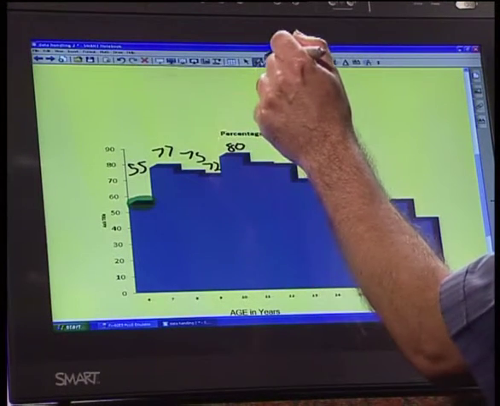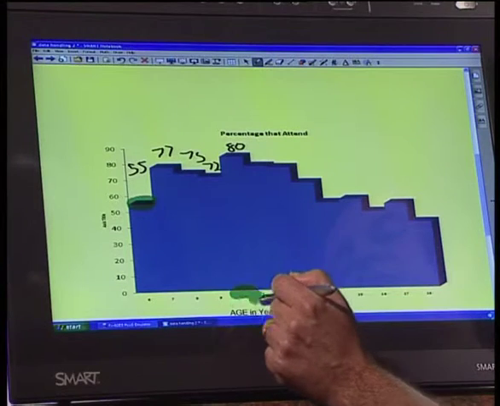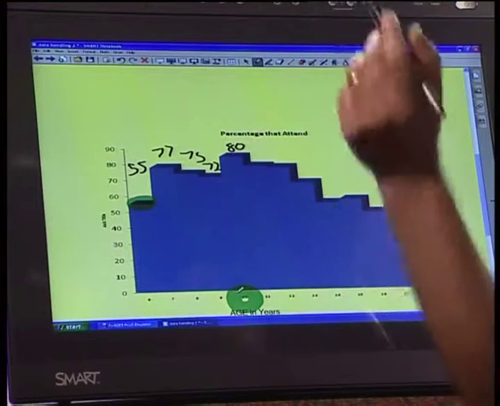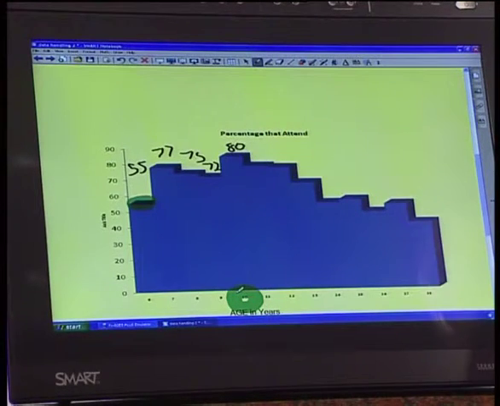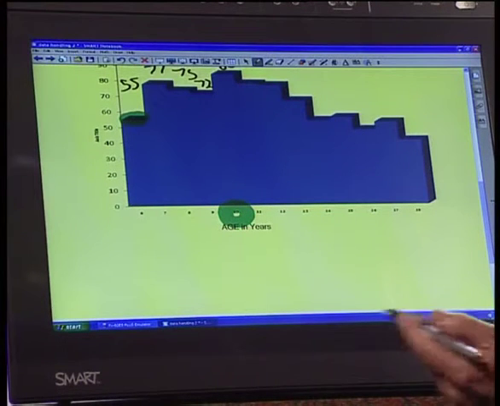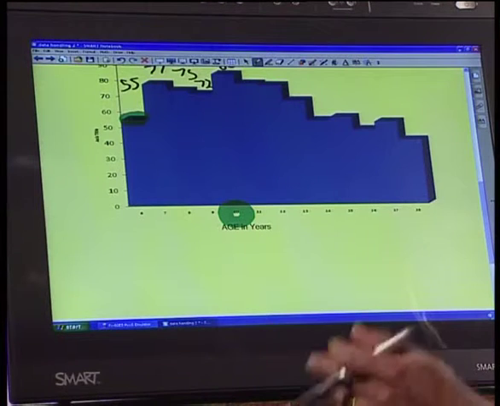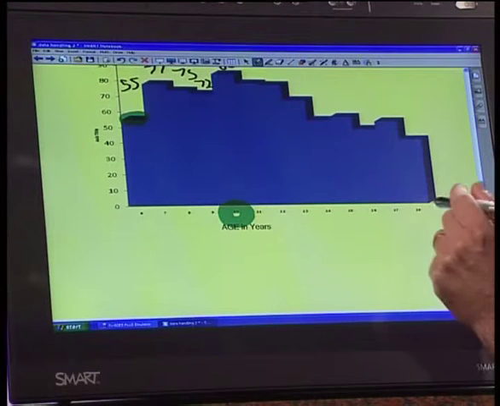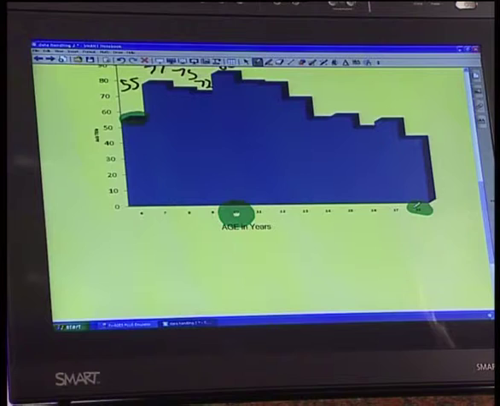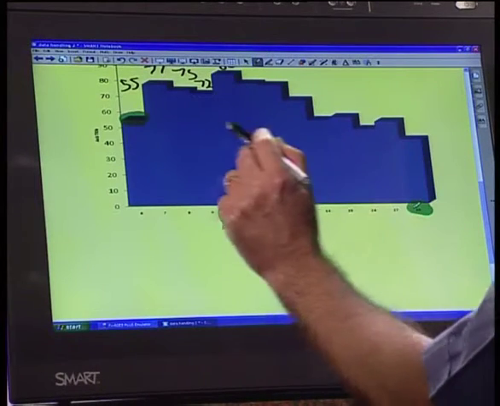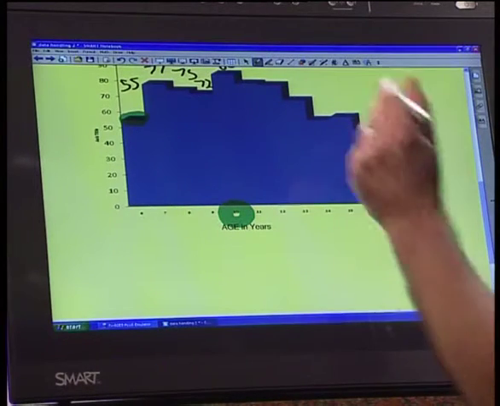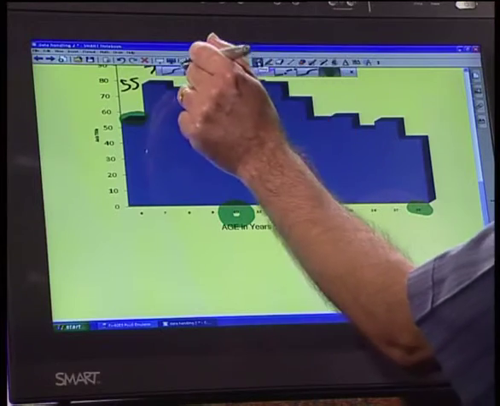It's this one over here, the 10-year age group. They had the highest attendance. By the same token, I could also find the age group that had the lowest attendance. That's the one right here on the far right, the 18-year-olds. If I read across, I can even find that value, and that value is roundabout 45.